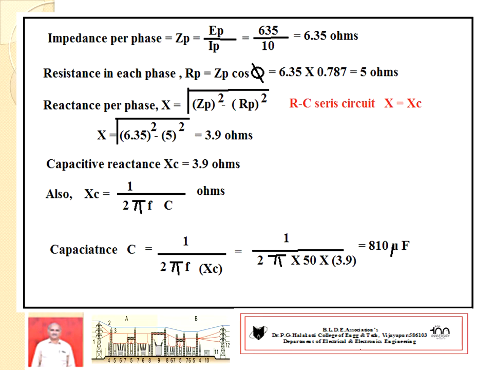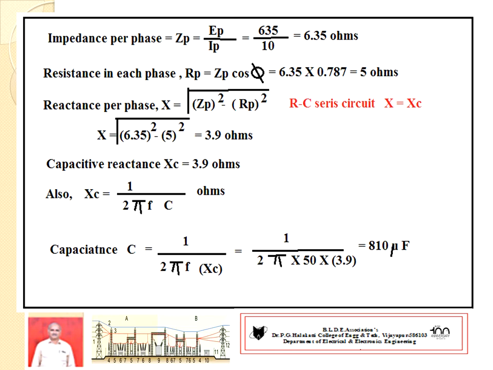You use that relation. Generally we are using X. X is reactance. It may be inductive, it may be capacitive. Now in this problem it is capacitive reactance. Don't confuse, X later on becomes XC. So XC, we are going to get 3.9 ohms.